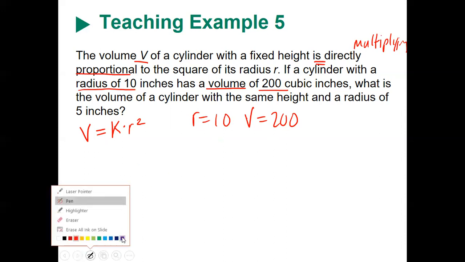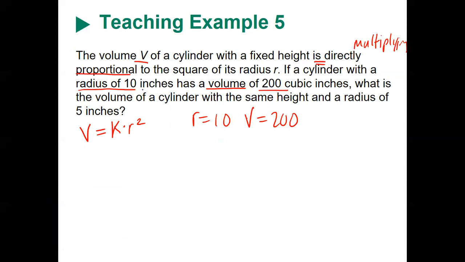Because that's what we would have to do. So the first thing we did was read. Second thing we did was create our equation. Third thing we did was identify our variables given, the values of our variables. And then the fourth thing we're going to do is solve for K.